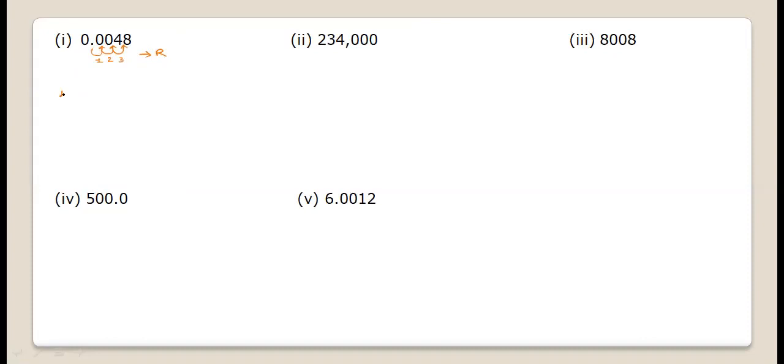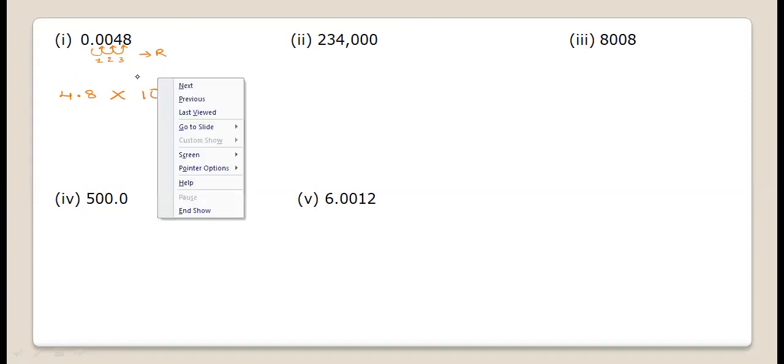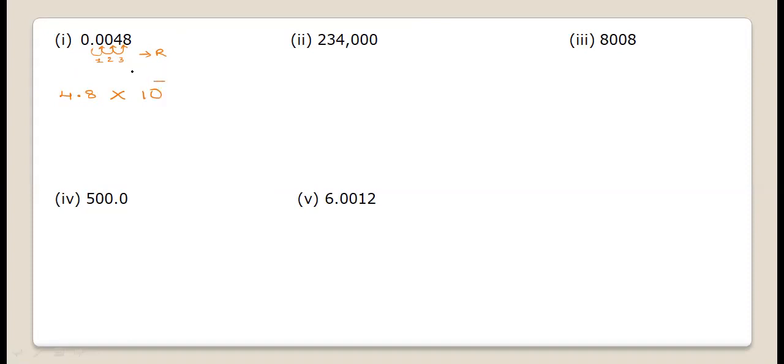Hence the number will become 4.8, which is in the digit term range, into 10 to the power of, and since the movement is towards the right hand side, it is a negative sign. How many places has it been moved? It is 3. Hence the scientific notation form for 0.0048 is 4.8 into 10 to the power of minus 3. This form is called its scientific notation form.